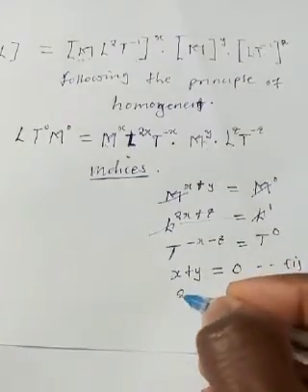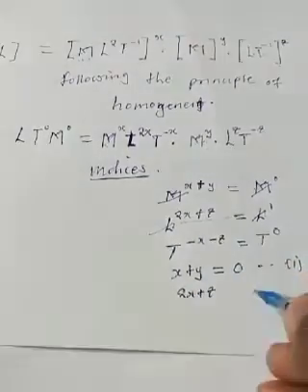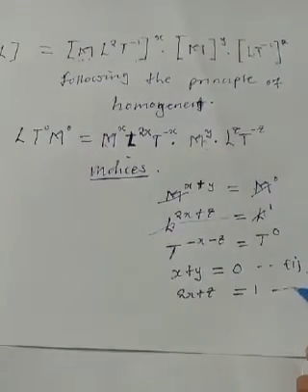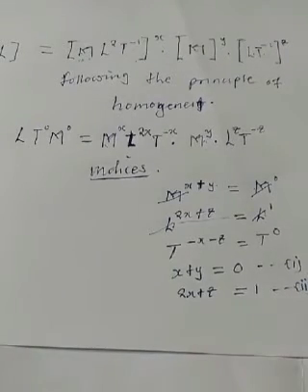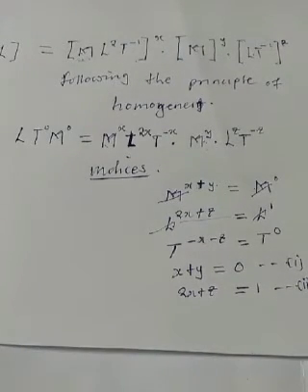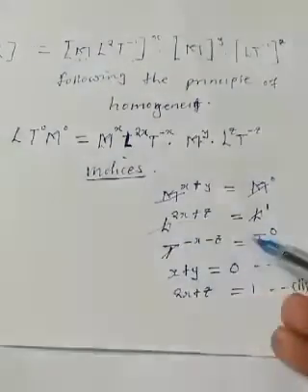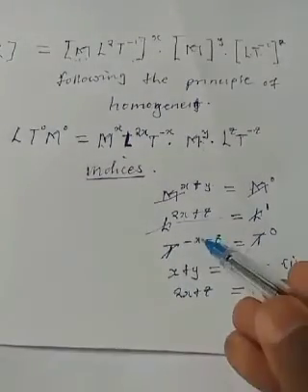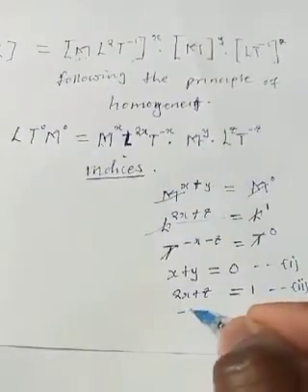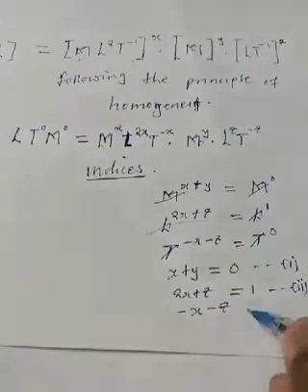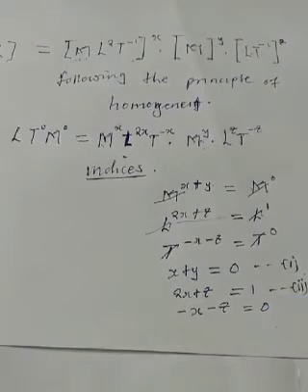You're going to have 2x plus z equal to 1. You're going to have the second equation. Then lastly, this one, that one they are common, we equate the powers. We say negative x minus z has to be equal to 0.